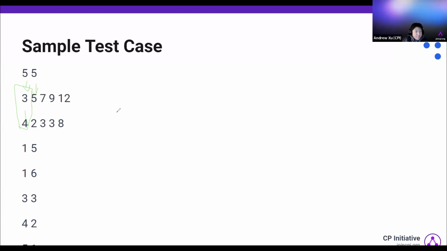So basically, she wakes up at time 2, she can visit it, because 5 minus 2, and you have to subtract 1 after, because you have to make it strictly before. So we have 5 minus 2 minus 1, which is 2. We have 7 minus 3 minus 1, which is 3. We have 9 minus 3 minus 1, which is 5. And we have 12 minus 8 minus 1, which is 3.